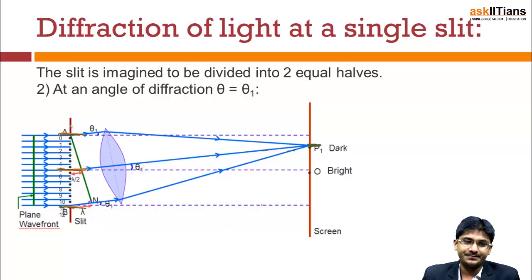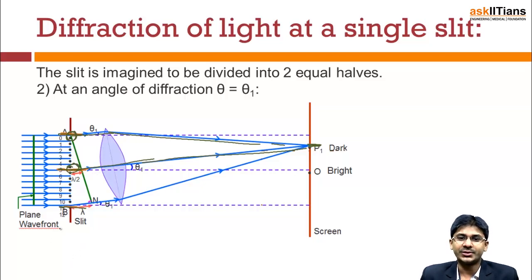Now what will happen? The light coming from this point goes this length, and light coming from this point goes this length. If the path difference between the two is lambda, it will be bright. If the path difference is lambda by 2, it will be dark.